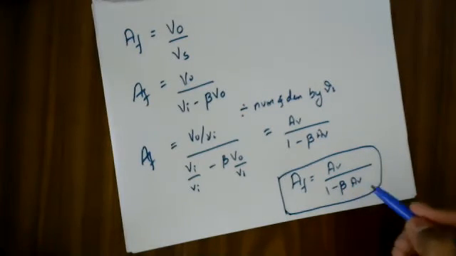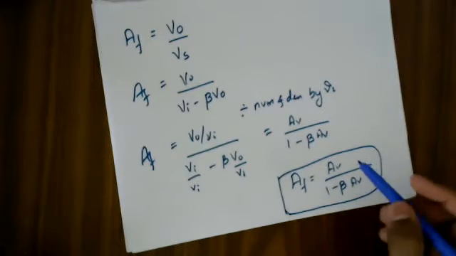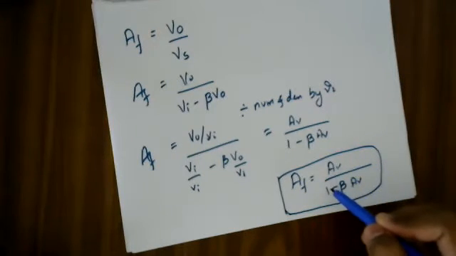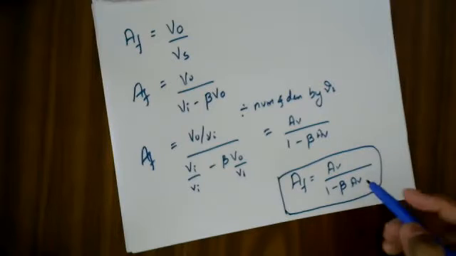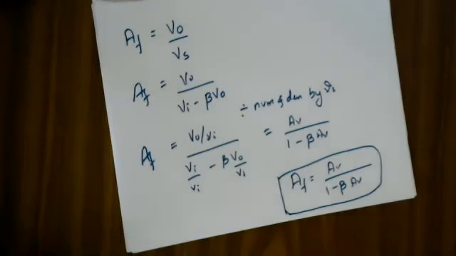But in a positive feedback system, AF is equal to AV divided by 1 minus AV beta. Either you can write beta into AV or AV into beta; it will not make much difference. Understanding? Is it clear to you?